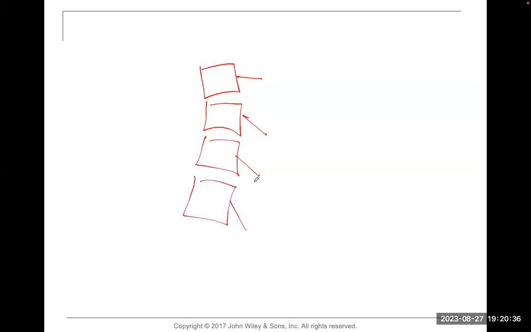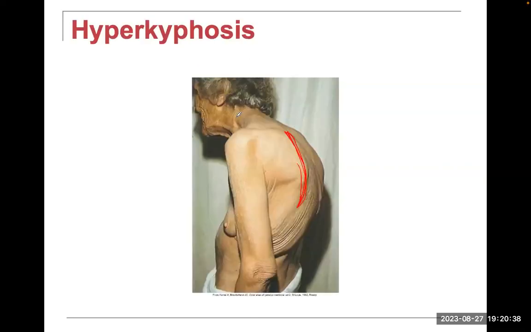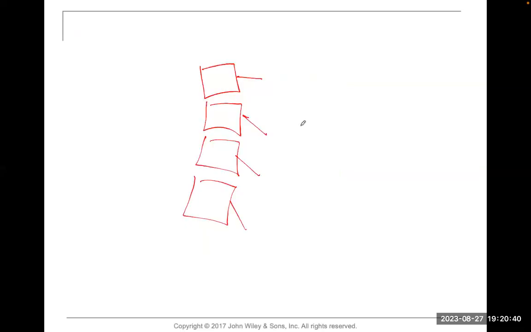So if we have a healthy vertebrae here, and then a healthy vertebrae here, and then a healthy vertebrae here, these are the spinous processes, right? These are nice blocks. This is a lateral view. But let's say here's a good square vertebrae, and this is anterior, this is posterior, here's another, anterior, posterior.